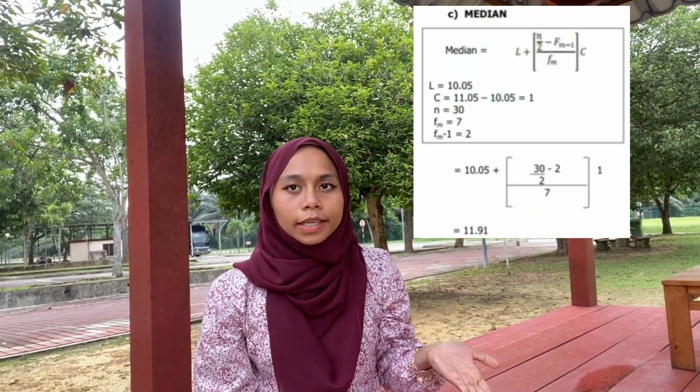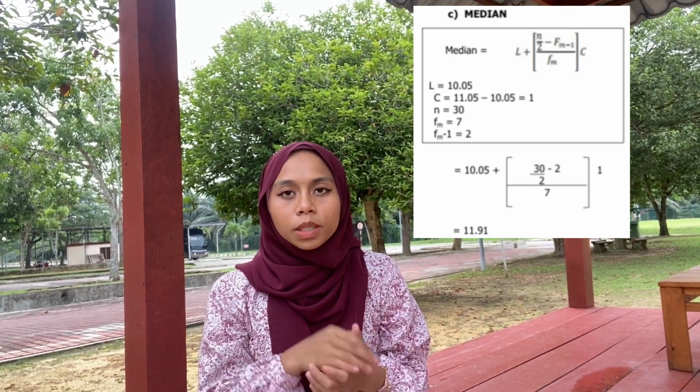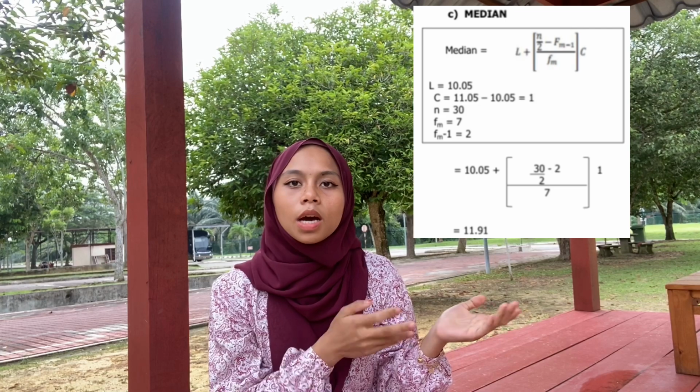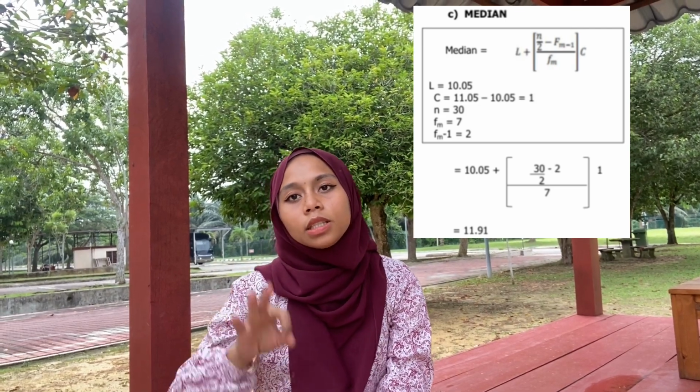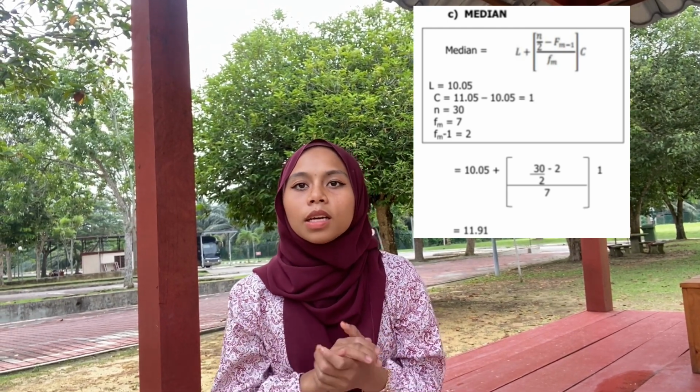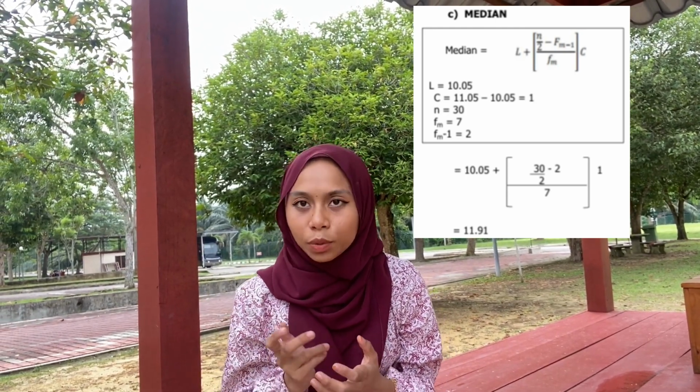Okay. As always, this is my formula and the calculation, then put the data from table 3.2, the green one, in the formula. Interpretation for the median: 30 of students obtain more than 11.91 marks in test 1.